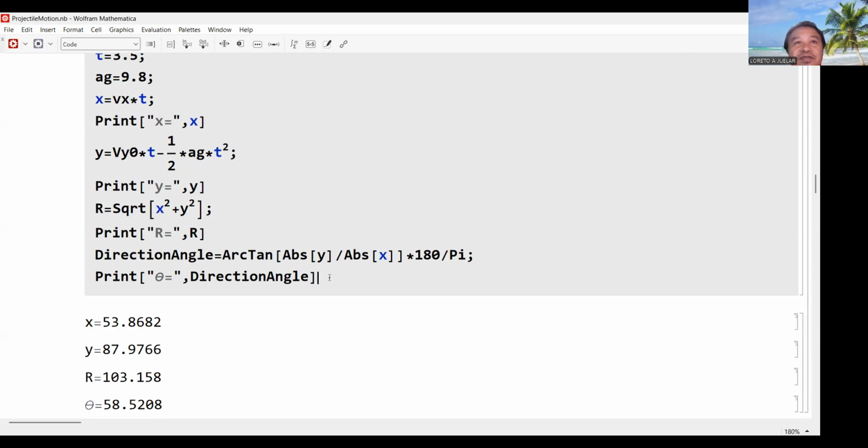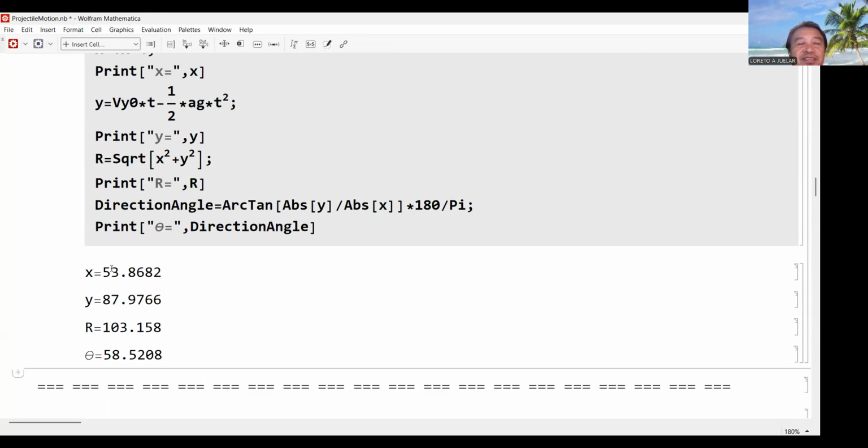Okay, so if we enter this, we have the values: x displacement is equal to 53.86 and y is equal to 87.97. So using the Pythagorean theorem, the magnitude of the position vector is 103.158 meters.